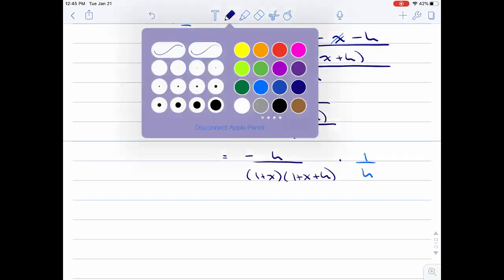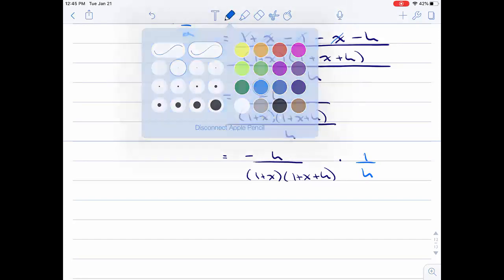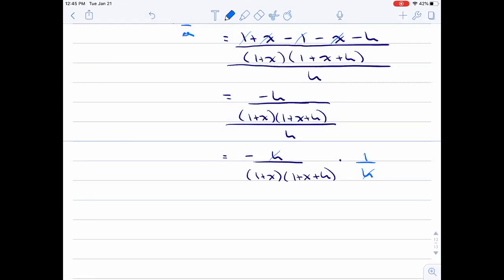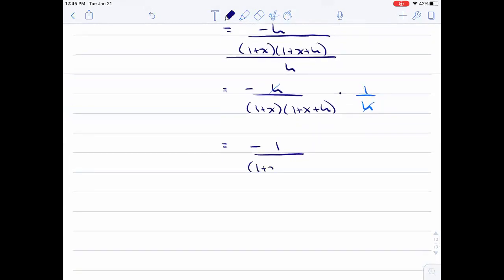So times 1 over h. Now, because everything is being multiplied by h in the denominator, I'm allowed to cancel. Here, I'm allowed to cancel this guy with this guy. So now I have negative 1 over 1 plus x times 1 plus x plus h.